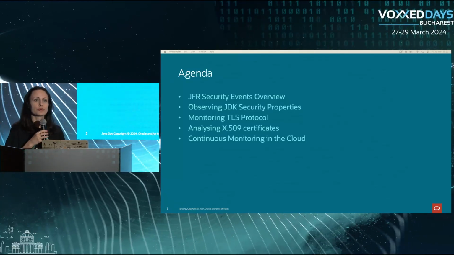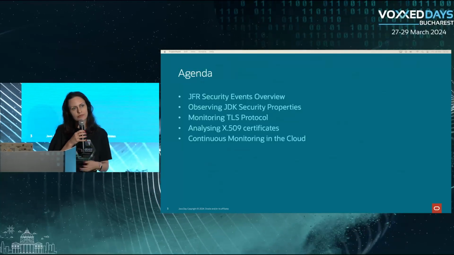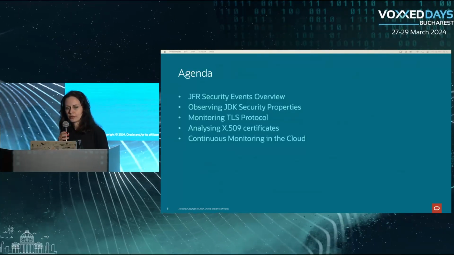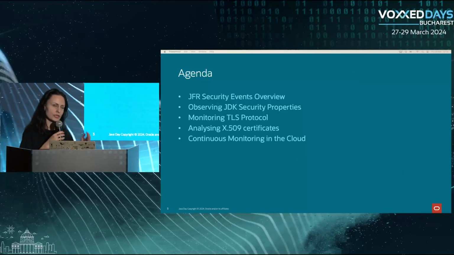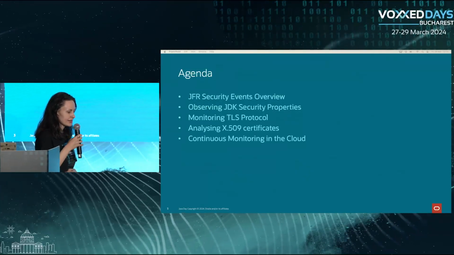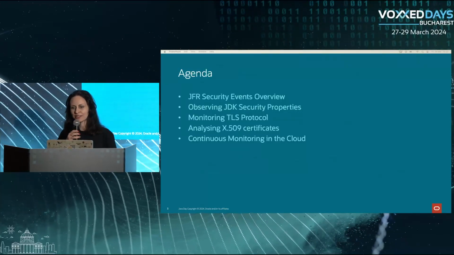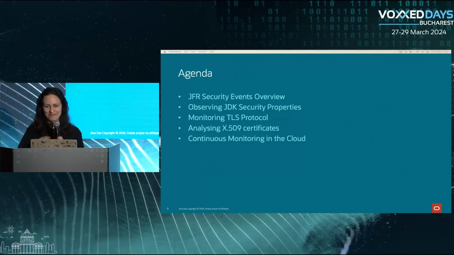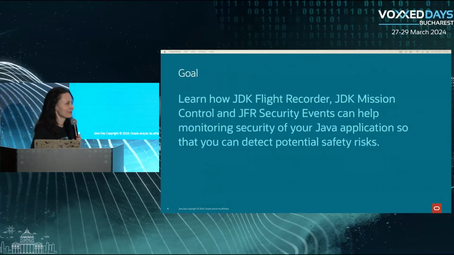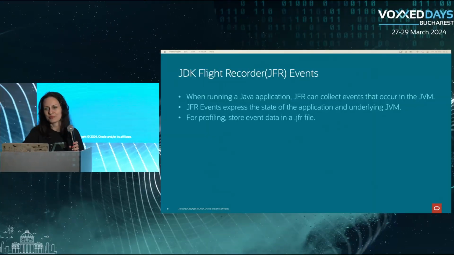Then we're going to look at monitoring the TLS protocol. Then look into analyzing X509 certificates, how we can do that as well. And of course, how in the end can we achieve continuous monitoring in the cloud. And at the end of the presentation, there is a small game for you to play. So those being said with the goal, let's go with the overview.